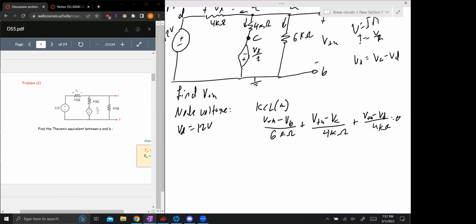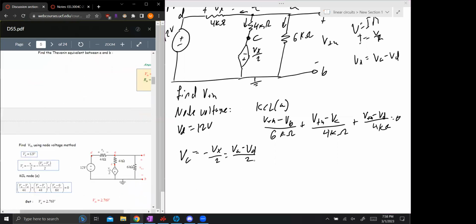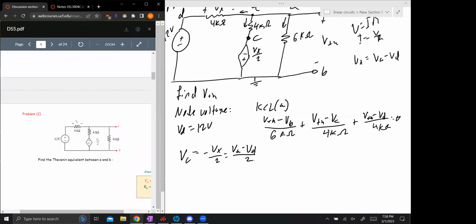But because we have this dependent source there, we can easily say that voltage at C is equal to, because it's the negative side, negative Vx over 2, which would be VA minus VD over 2 there. And let's just confirm. VD minus VA. Oh my gosh, yeah. I even called that out when I was writing the equation earlier. VD minus VA there.